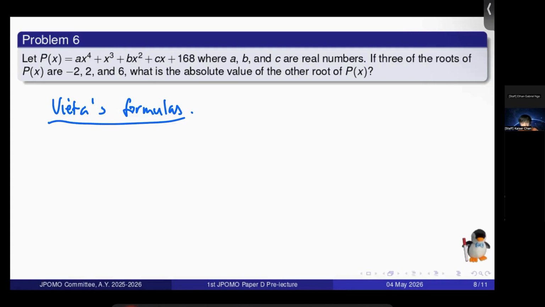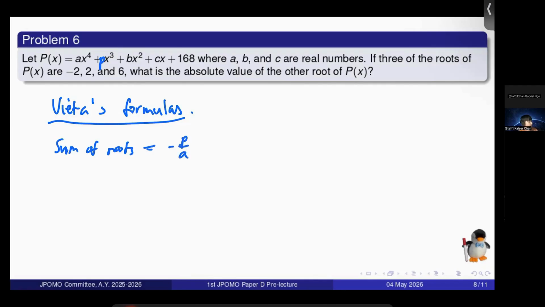Yeah, sum is here. Well, it's not b over a, but let's say we set this coefficient to p, then the sum of the roots is negative p over a, right?